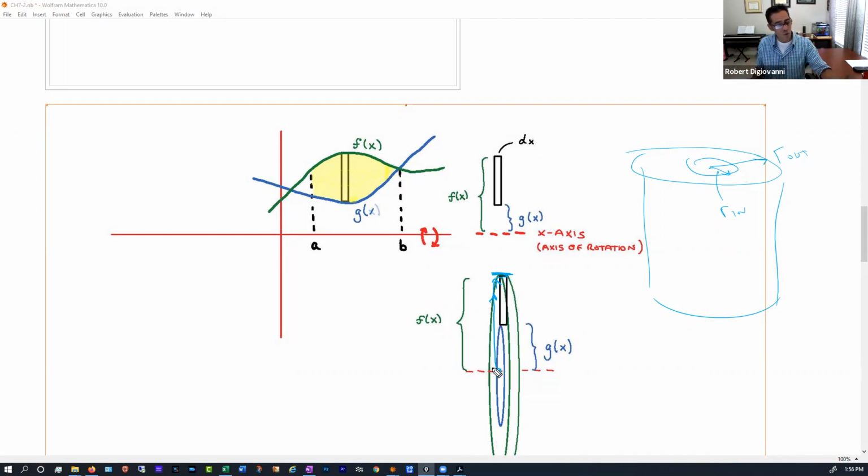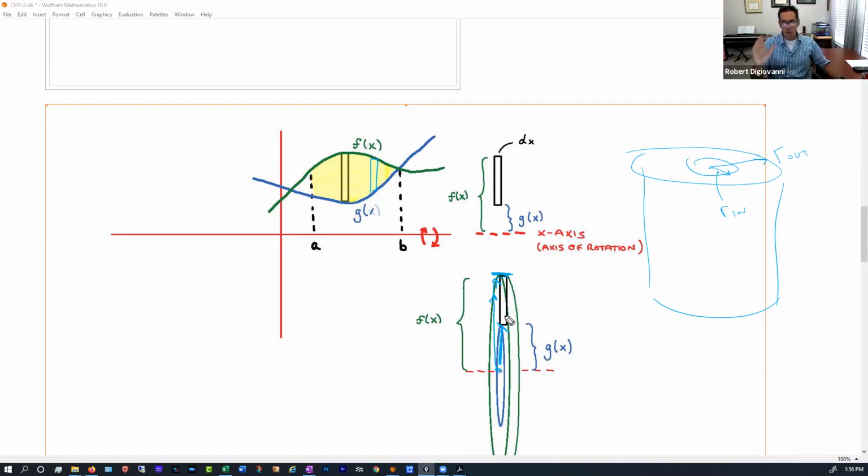Now, if you move to a different rectangle, doesn't that radius change? Yes. Both the outer radius and the inner radius, which would be the bottom of this edge right here, change. Do y'all follow that? So basically, we are not going to take the area between the top and the bottom curve, we're just going to rotate the cylinder.